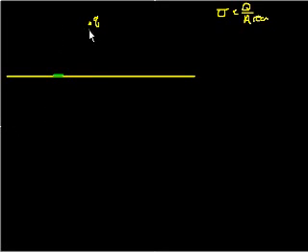First of all, let's say that this point charge is at a height h above the plate. So let me draw that. This is a height h. And let's say this is the point directly below the point charge, and this distance right here is r.